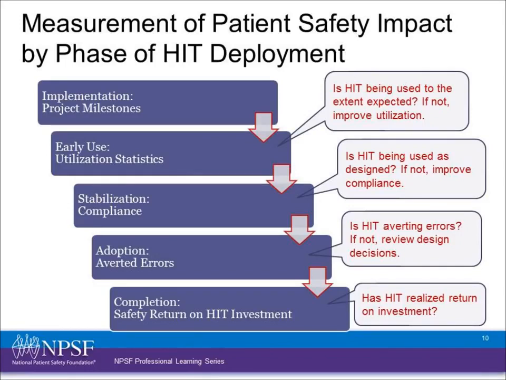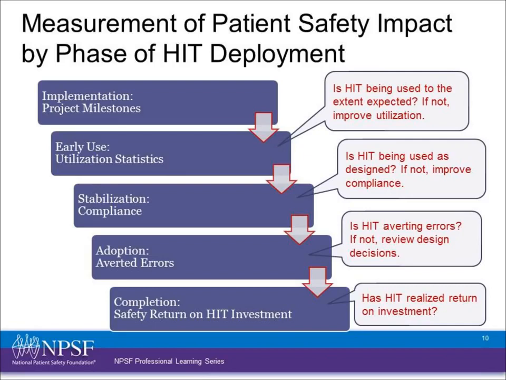This is where we can finally begin to look at those outcomes and see, are we in fact averting errors? Is it having the effect we thought it would have? And if not, we need to go back and review a lot of our design decisions and our workflow decisions. And finally, at the completion of the project, we need to be able to analyze the effect that we're having and really calculate a return on our investment.